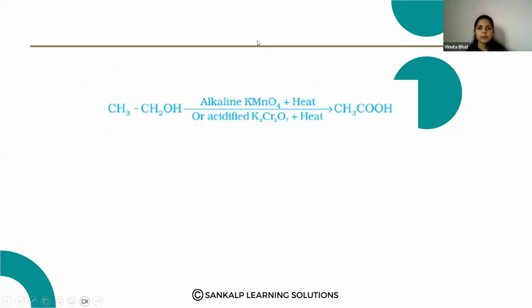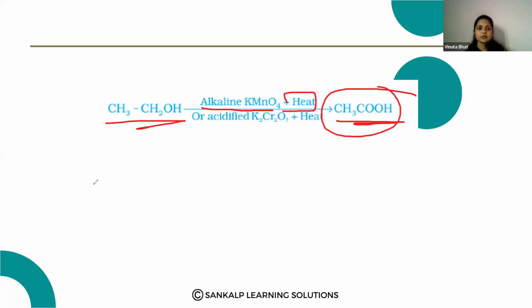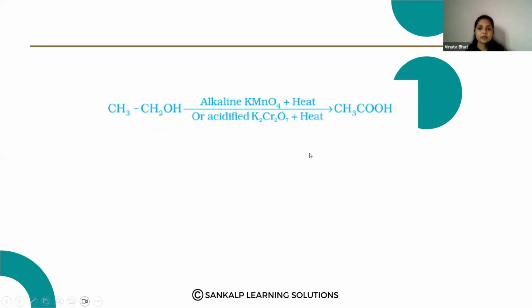Here is ethanol. When it is oxidized with alkaline KMnO4 and heated, it forms ethanoic acid. So this is the representation of how ethanol is converted into ethanoic acid.